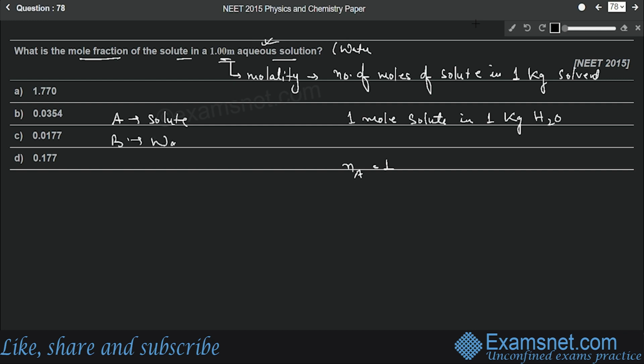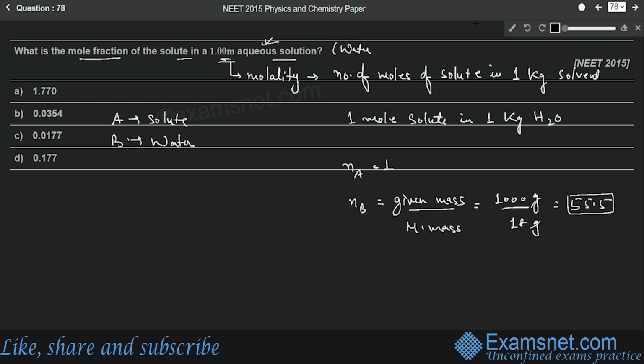So the number of moles of A is 1, and what will be the number of moles of B, that is, the number of moles of water? It will be equal to the given mass of water divided by the molar mass of water. So the given mass of water is 1 kg, that is 1000 grams, and the molar mass of water is 18 grams. So here we get 1000 divided by 18, that means 55.5. So this is the number of moles of B, that is water.